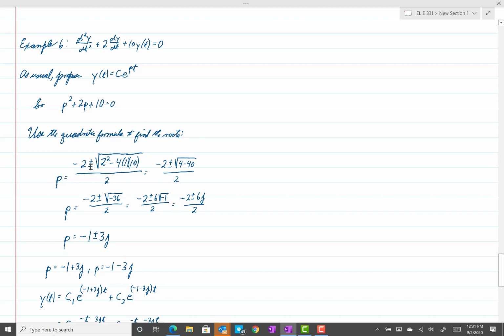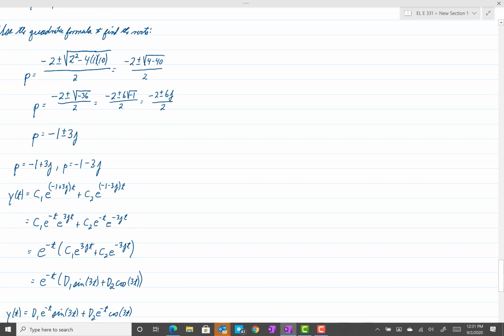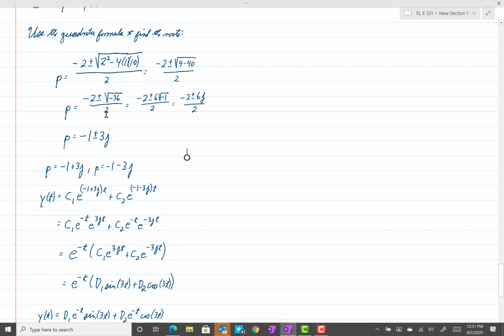p is equal to negative b, where b is the coefficient of the first order term. So this is negative b plus or minus the square root of b squared minus 4ac, over 2a. And so this becomes negative 6 plus or minus the square root of 36 minus 40, over 2, which is negative 6 plus or minus the square root of negative 4 over 2.